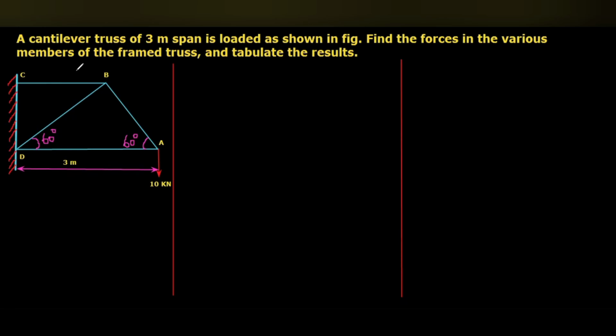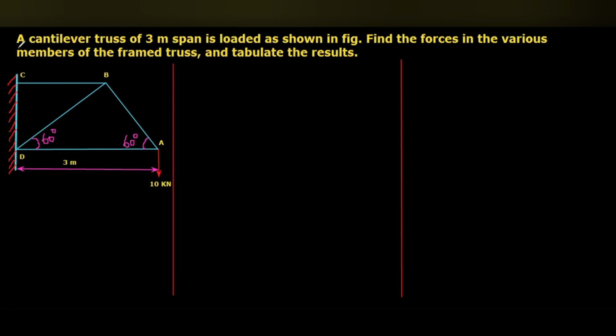That video link is given in the description box of this video, so for your reference, it's better you can see that video also. So in this video, we are going to solve this numerical by using method of sections.